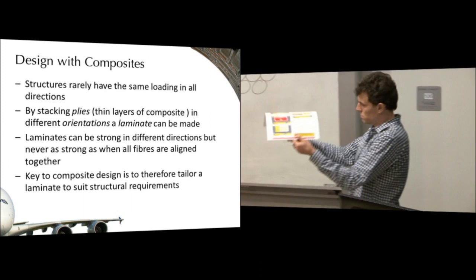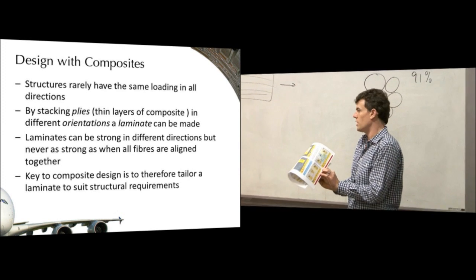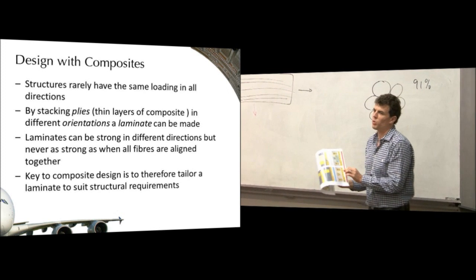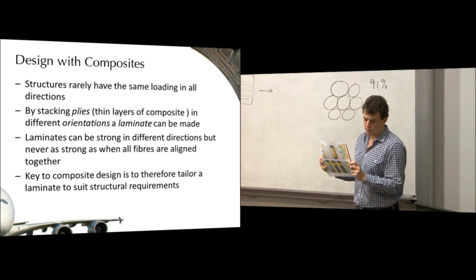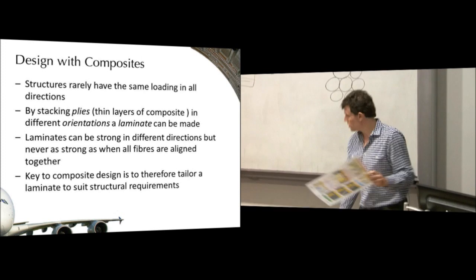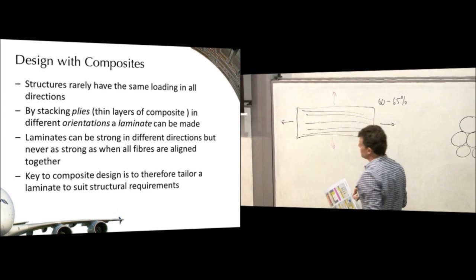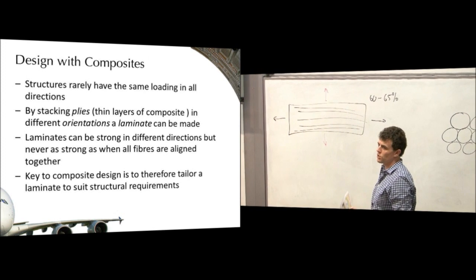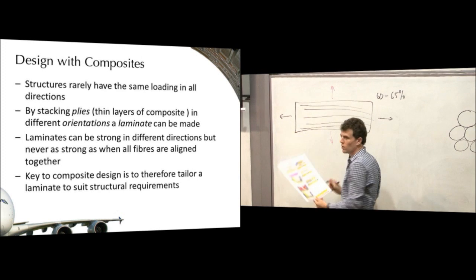So these thin sheets that are maybe 0.1 to 0.125 millimeters thick. If they're a fabric, maybe 1/4 of a millimeter thick, but they're very thin. So you'd get one sheet and you'd stack it that way. Then if someone said, oh, well, we've got some load in the other direction, you might come and stack a sheet that way so that you carry that load.